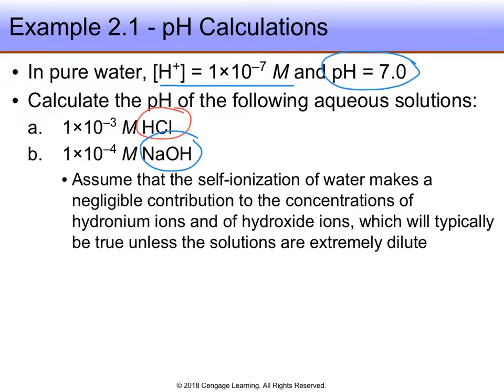So if we're thinking about 1 times 10 to the minus 3, if you're really comfortable with pH, you can think about that in your head. If we know that 1 times 10 to the minus 7th was a pH of 7, we can say that the pH of a 1 times 10 to the minus 3 molar HCl, or hydrochloric acid solution, means we have a pH of 3.